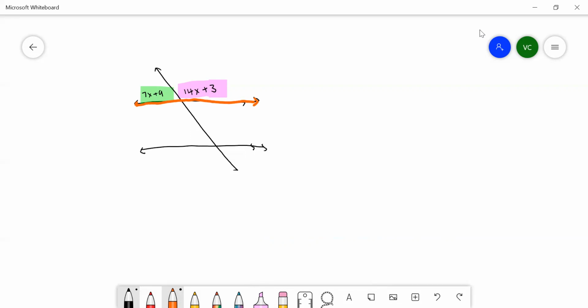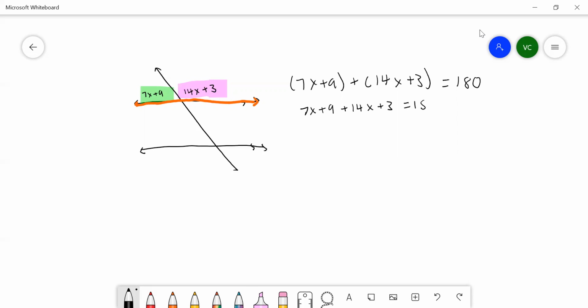So what that means is we can set up an equation, 7x plus 9 plus 14x plus 3, and that is going to all equal 180. I can bring it down, 7x plus 9 plus 14x plus 3 equals 180.